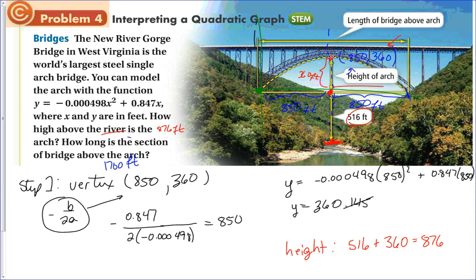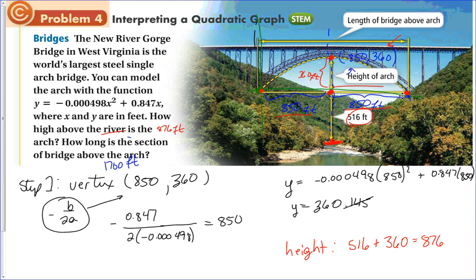After we find that vertex, what it means in relationship to the problem is, again, if we were to put this on a graph, from 0, 0 straight over to the x-coordinate of our vertex is going to be 850 feet. From our vertex to where we cross the x-axis again is also going to be another 850 feet.